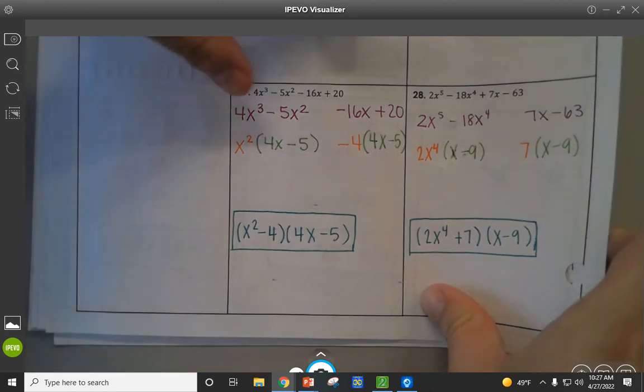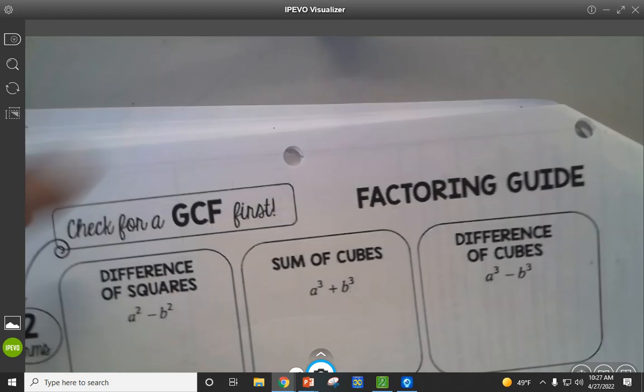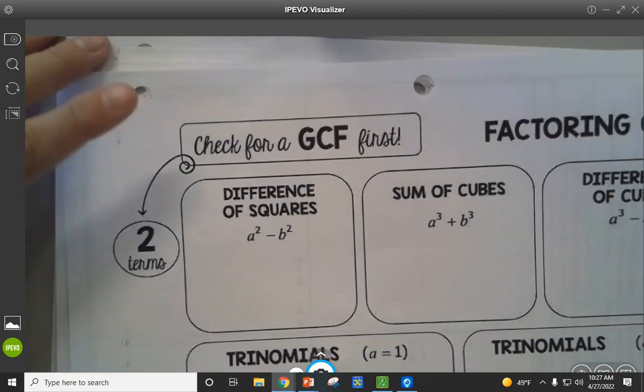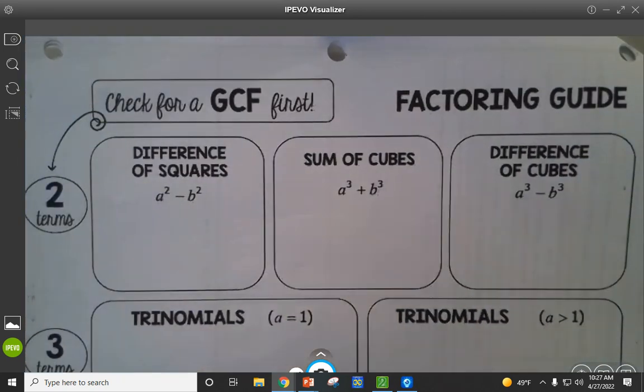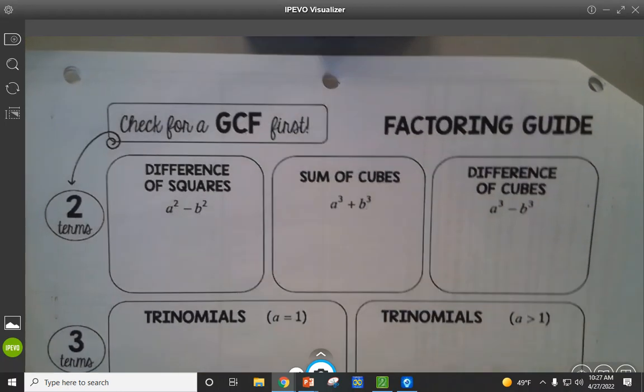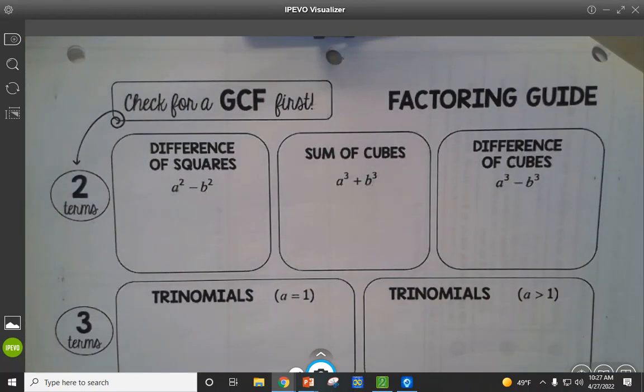We're not going to work out any more examples, but we're going to fill in this cheat sheet, I guess. So this is going to have all of the formulas that we did on one page. Whenever you're factoring, your first step should always be the same.